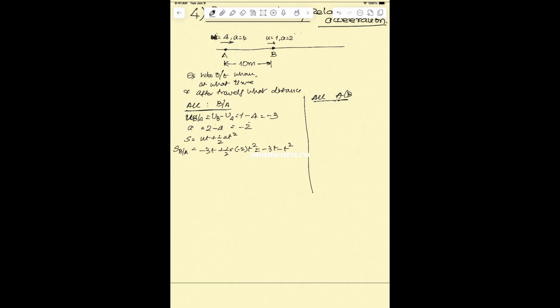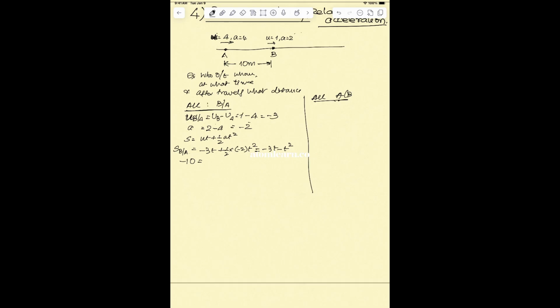That means SB relative to A should be equal to minus 10, so that they will be at the same point. I'll just repeat. Since you are taking A relative at rest, if anyone has to overtake, both should be at the same point, which means A is at rest.